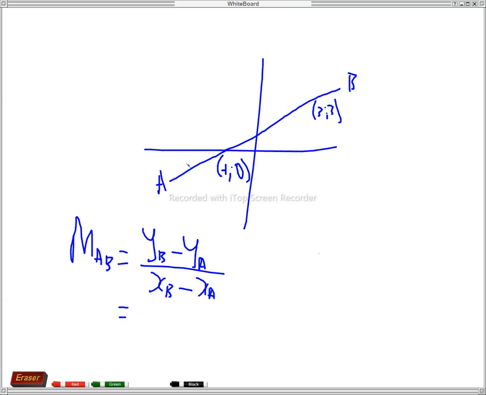So moving forward, we are just going to substitute our values. We have our coordinates here and the coordinates there.